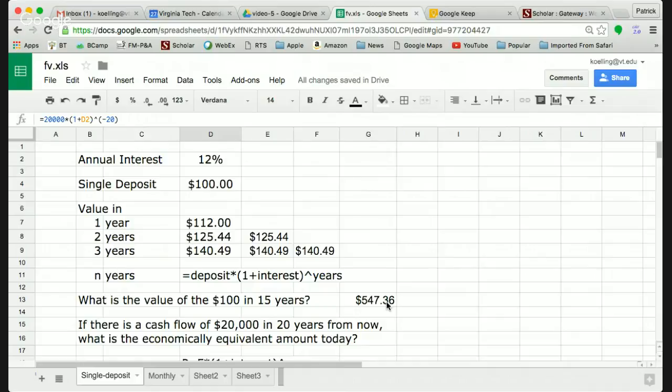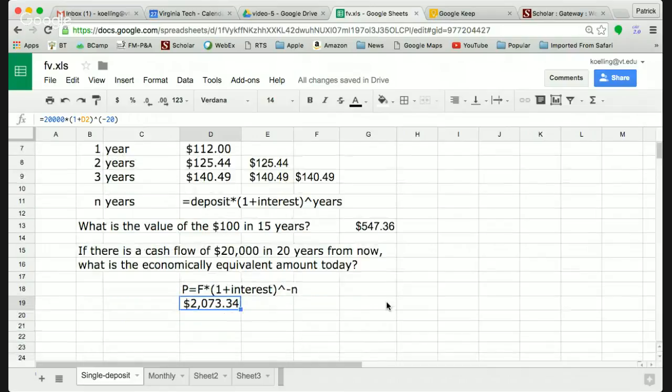So again, the key concept of economic equivalence: we are simply moving $100 to 3 years from now and seeing what its value would be there, or 15 years from today. In a like manner, $20,000 20 years from now is economically equivalent to $2,073.34 today, provided the interest is 12%.